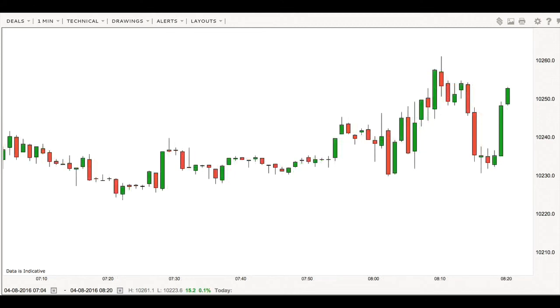So it's risen above 10,250 now, and we'll be looking to see at this point in time whether or not price breaks out above the previous high. So that was just above 10,260, so we'll wait and see what happens with this particular candle.